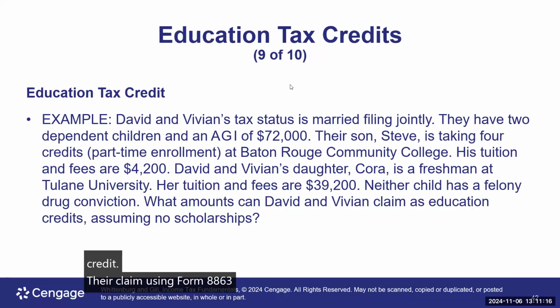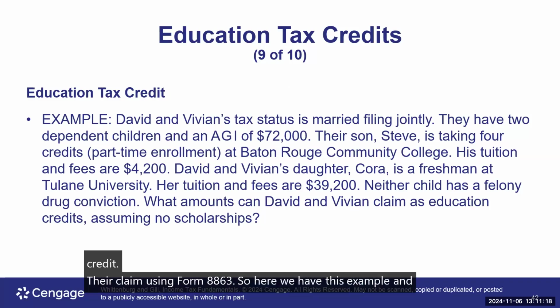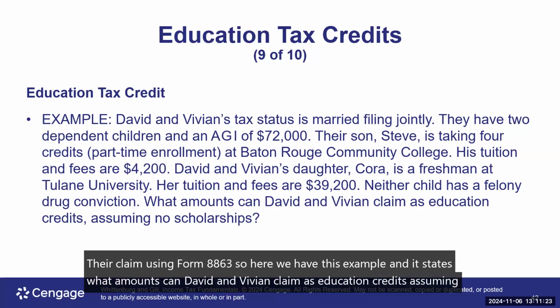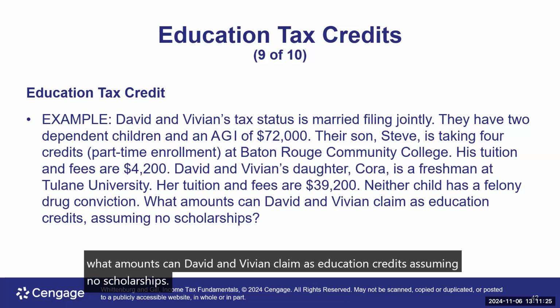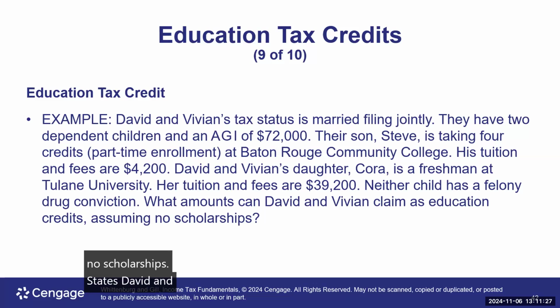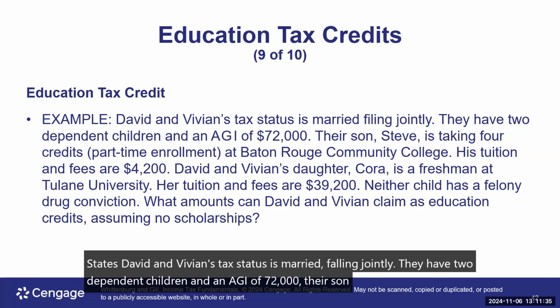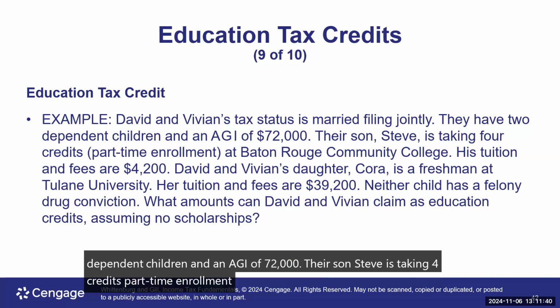So here we have this example, and it asks, what amounts can David and Vivian claim as education credits, assuming no scholarships? David and Vivian's tax status is married, filing jointly. They have 2 dependent children and an AGI of $72,000. Their son Steve is taking 4 credits, part-time enrollment, at Baton Rouge Community College.